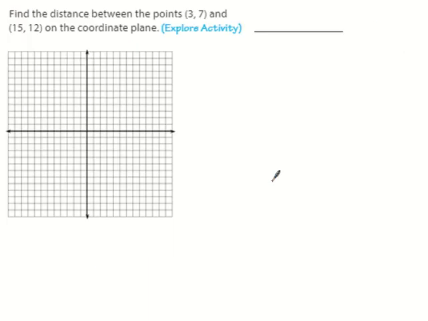Find the distance between the points (3, 7) and (15, 12). So again, I think your grid is close. Hopefully it copied enough. The first thing we're going to obviously have to do is graph these points. So 1, 2, 3, and 1, 2, 3, 4, 5, 6, 7.